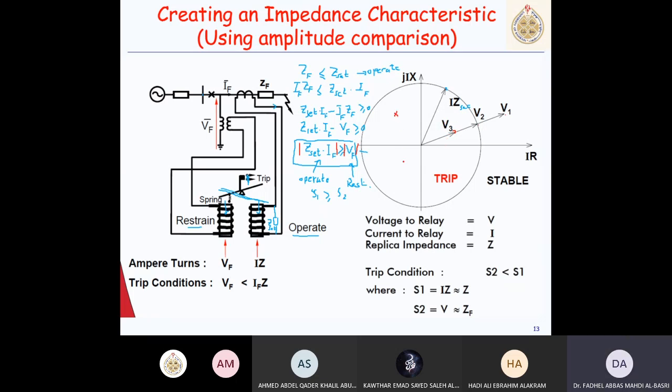It could be this side, it could be that side. If you compare this magnitude with the magnitude of I times Z setting, I will be able to know if the fault is inside or outside, and whether the relay trips or not. So instead of division, we can use comparison. So this is how it can be implemented.